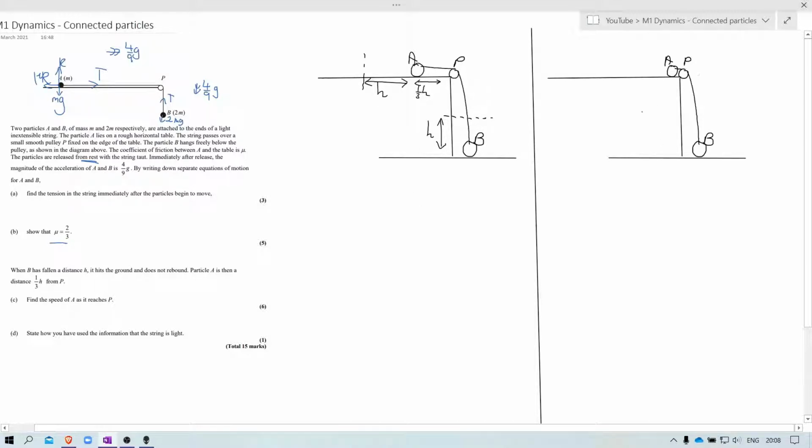Then the second diagram shows what happens when A reaches P. We want to find the speed when A reaches P. So how do we find the speed at which A reaches P? So what we're going to do is we're going to use Suvat. I write Suvat in a vertical line downwards just to make it super clear about what's going on.